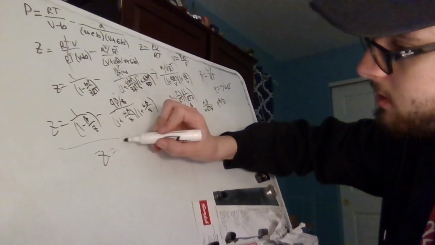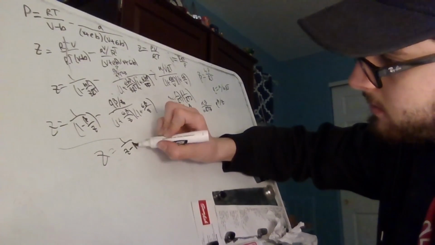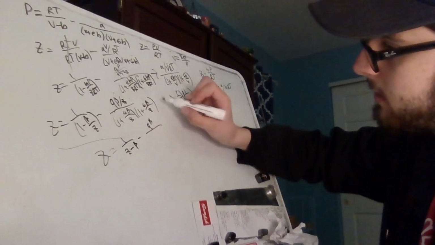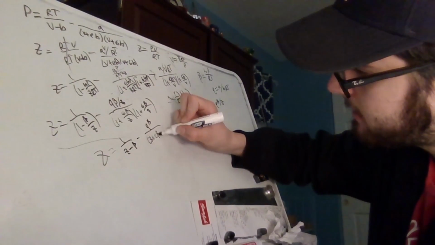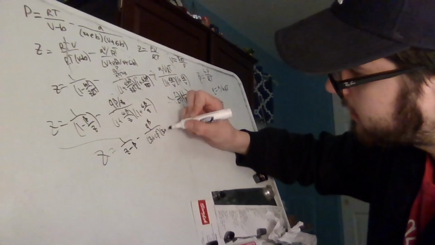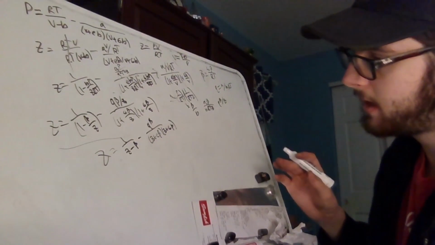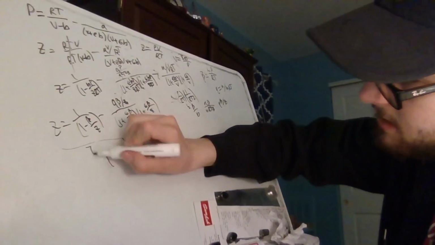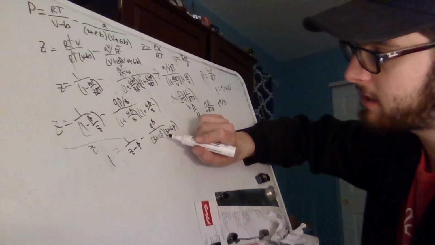So Z is equal to 1 over Z minus beta, minus q beta over Z plus epsilon beta times Z plus sigma beta. And actually this is not equal to Z. This is equal to 1 because I divided by Z. My bad.